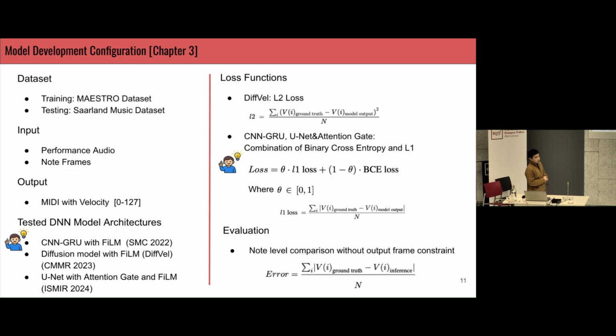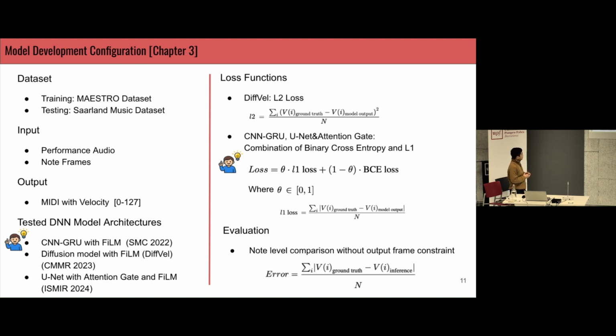This is because the benchmark model, the previous work, used this data set for evaluation, so I also used this test data set to make a fair comparison against the previous work. This also consists of classical music recorded on the Yamaha Disklavier. The input is, as I mentioned, performance audio and note frames. The output is MIDI velocity for each note, scaled from 0 to 127.